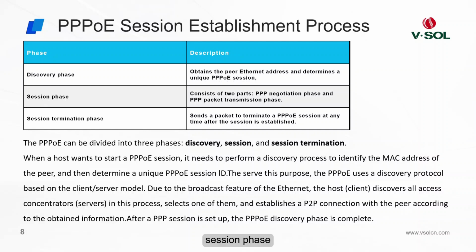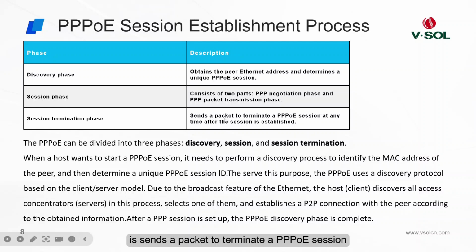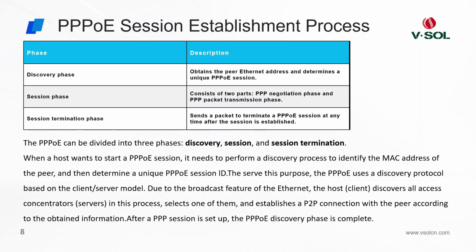The session phase consists of 2 parts: the PPP negotiation phase and the PPP packet transmission phase. The session termination phase sends a packet to terminate a PPPoE session at any time after the session is established.